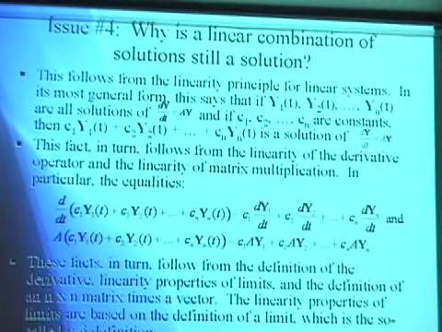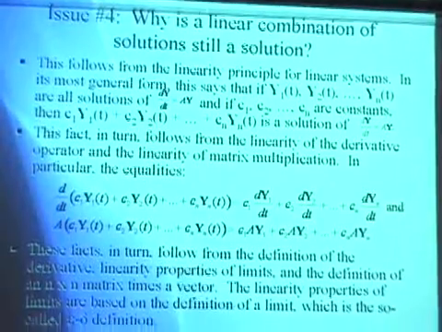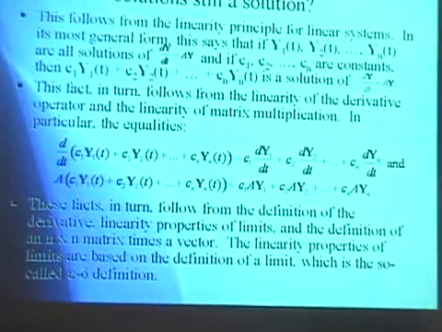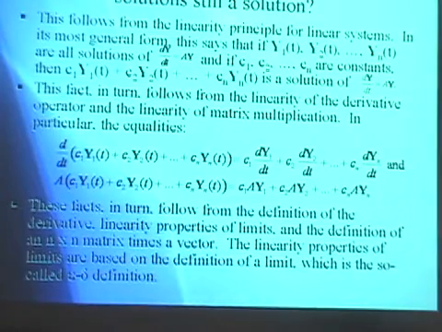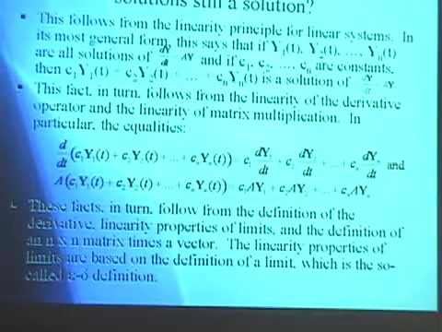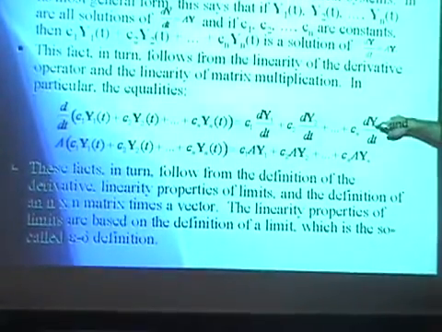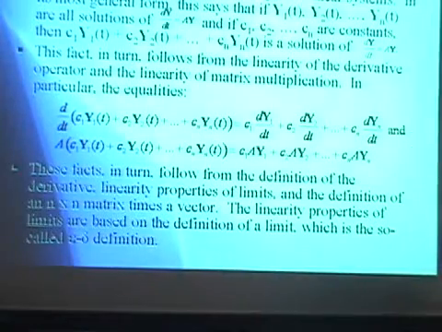Those facts can be verified when you know some calculus. The definition of the derivative depends on linearity properties of limits. The definition of the derivative and linearity properties of limits is what allows you to say this first equation is true.